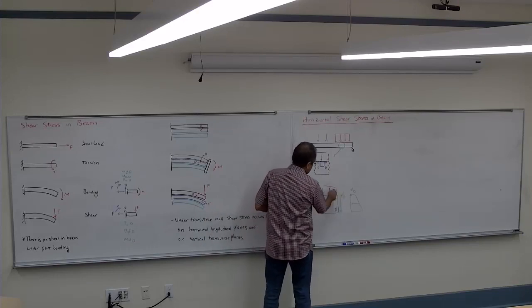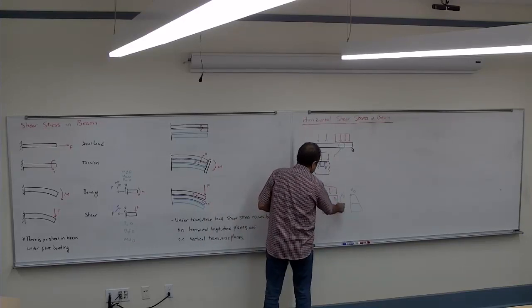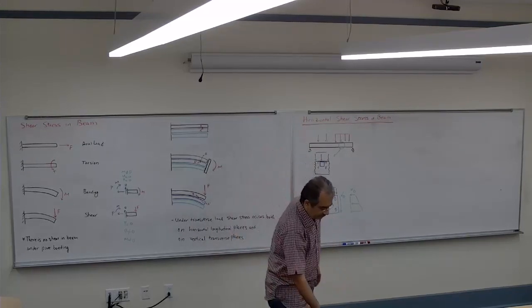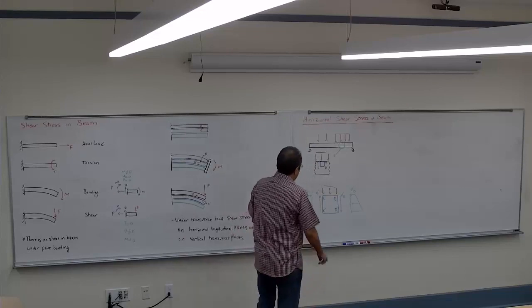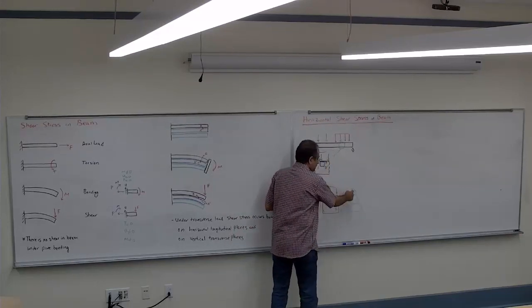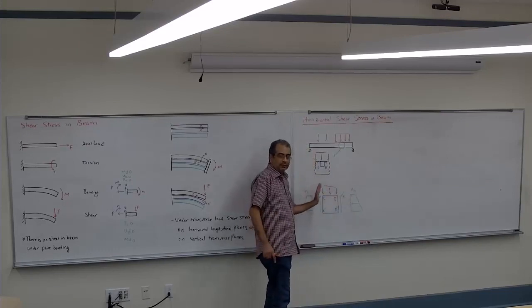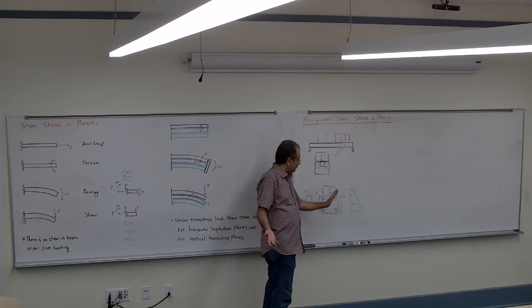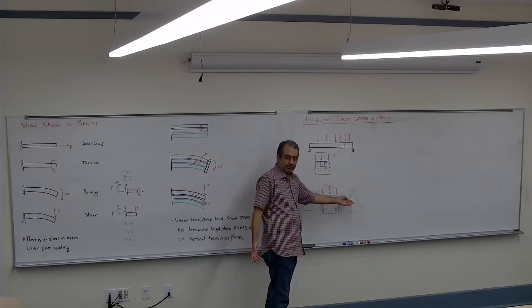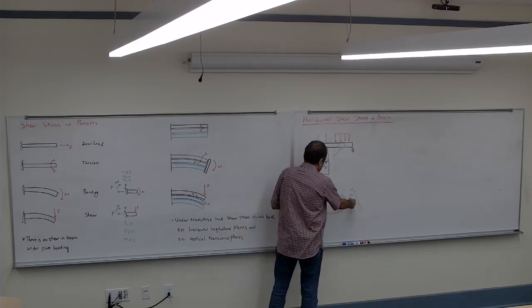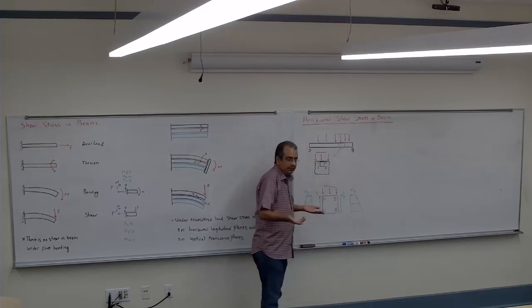Now assume that will be cancelled by these two. Unless sigma C and sigma D are equal, which they are not, it is not in equilibrium horizontally, correct? Because in the horizontal direction these two are not equal.